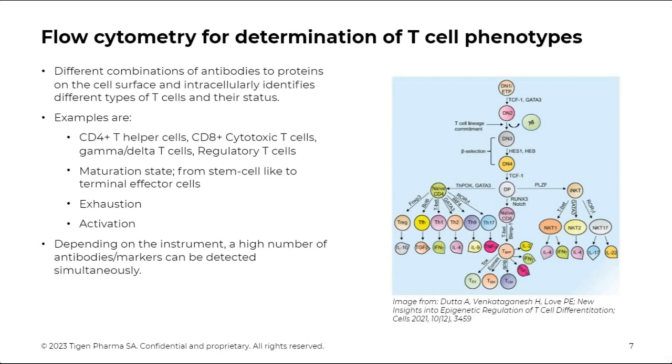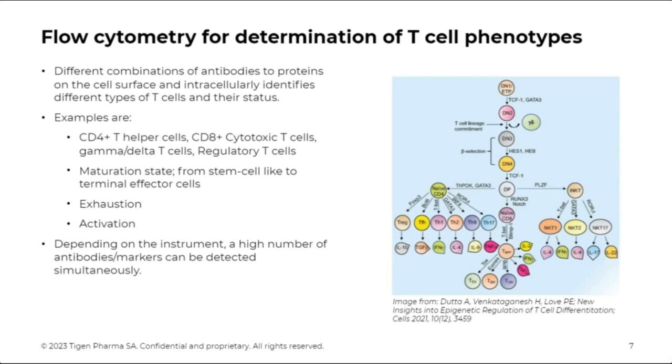Different combinations of antibodies to different proteins on the cell surface, for example, or intracellularly in the T cell, identify the different phenotypes and what type of T cells we have in there. For example, we can identify CD4 positive T helper cells, CD8 positive cytotoxic cells, regulatory cells, gamma delta T cells.